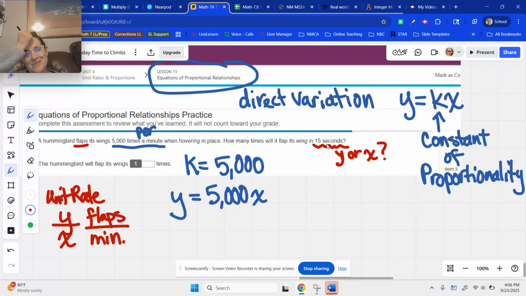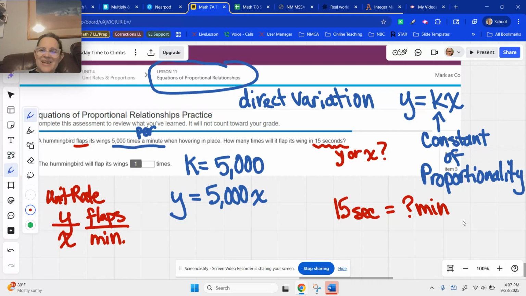But my unit rate is flaps per minute, and x is going to be the number of minutes. So I'm going to say 15 seconds equals how many minutes? And I know that 1 minute is 60 seconds.